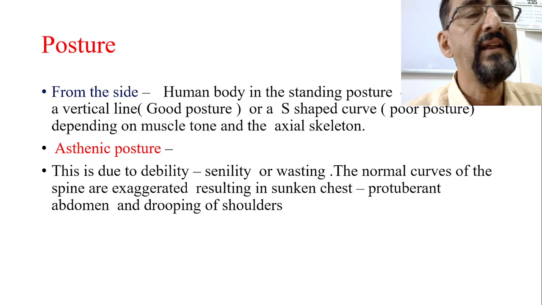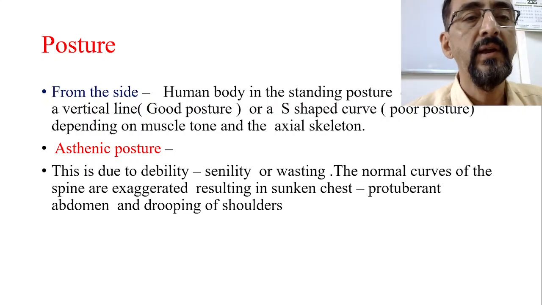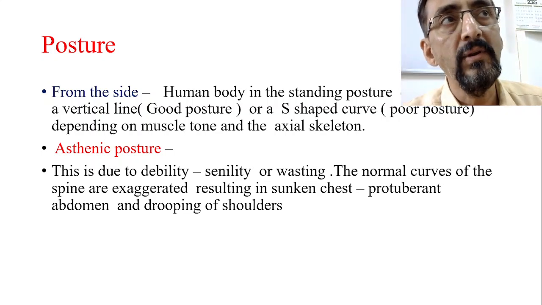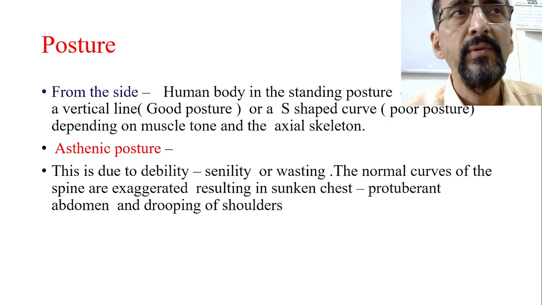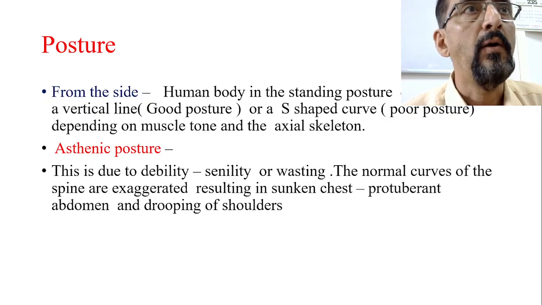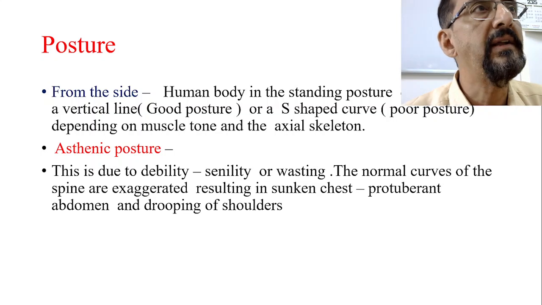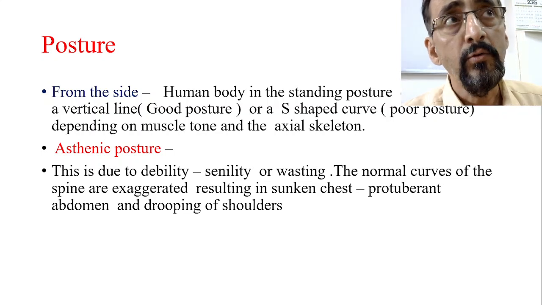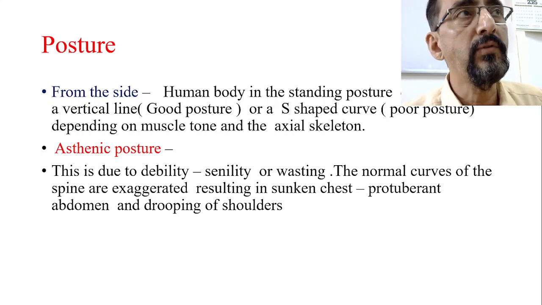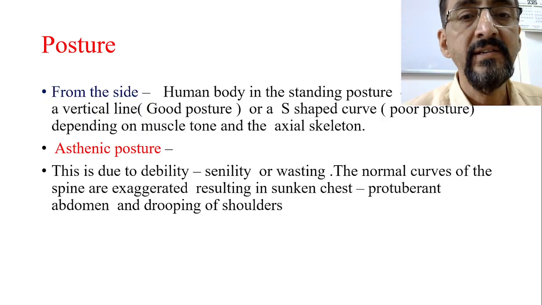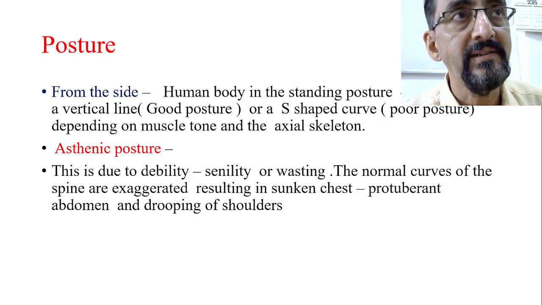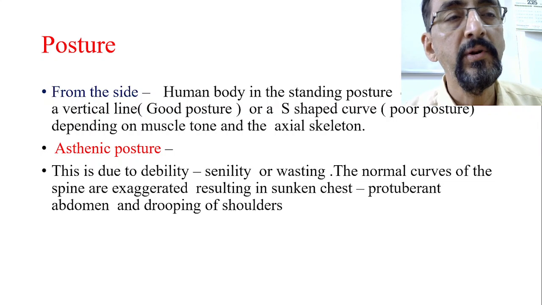Second one is asthenic posture. What do you mean by asthenic posture? Asthenic posture is actually because of debility. Severe muscle wasting is there, or senility is there, 80 years, 90 years old. So the normal curves of the vertebral column or spine get exaggerated, resulting in a shrunken chest and protuberant abdomen.